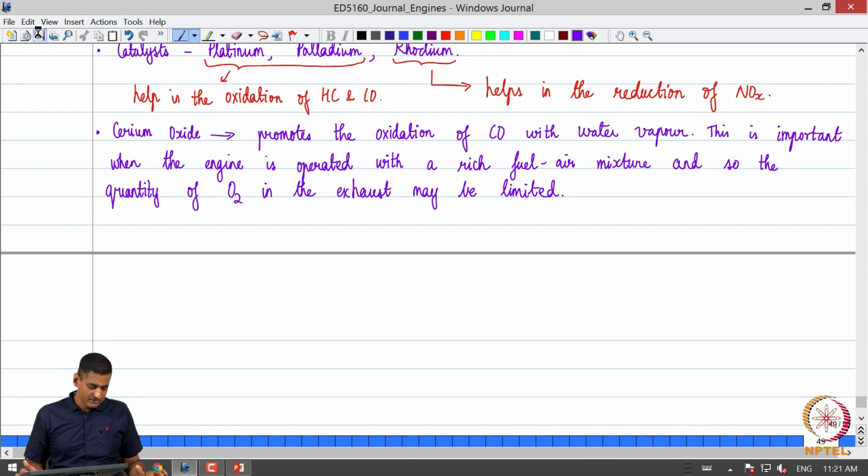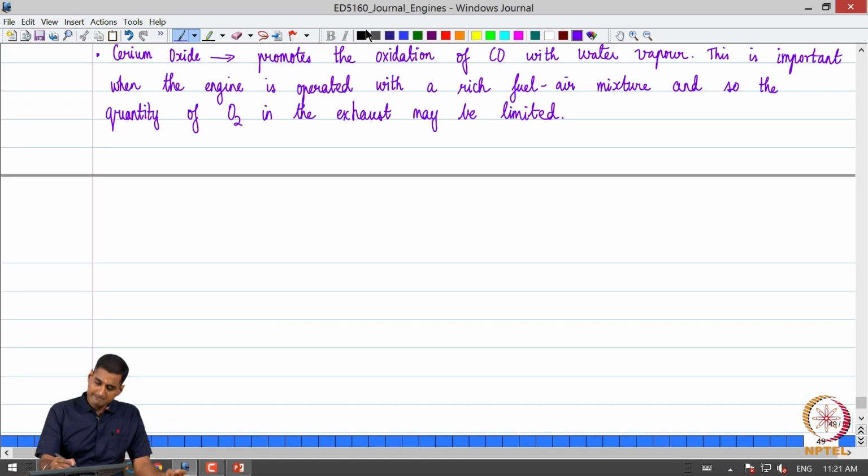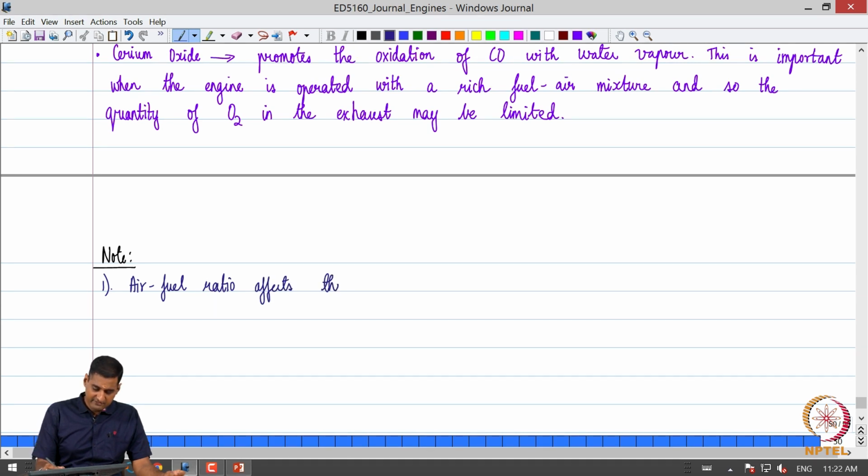So how does the air fuel ratio affect the conversion process? The air fuel ratio, which we will shortly observe, affects the conversion efficiency.